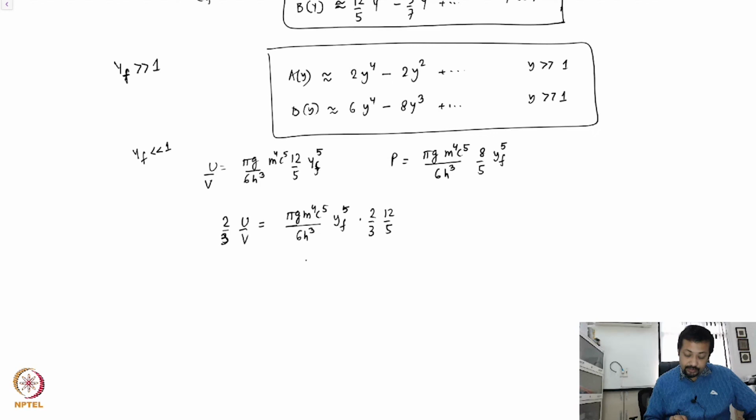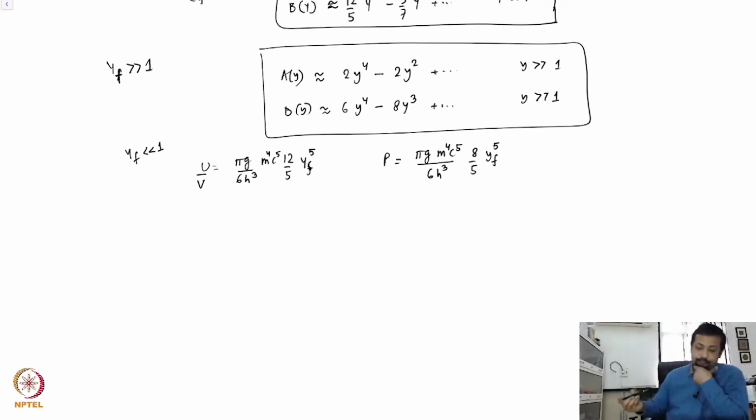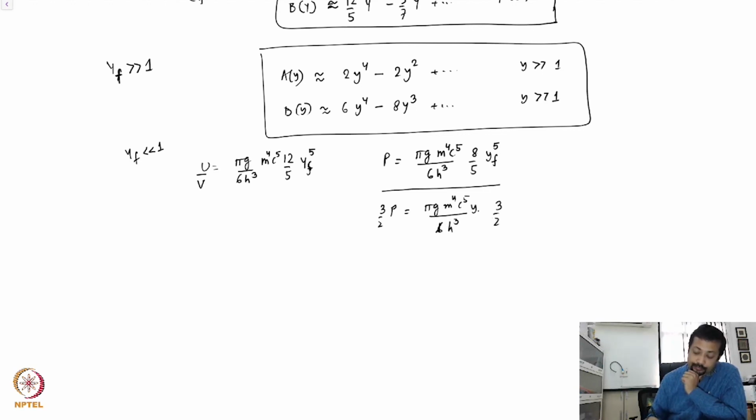Does it help? Now from this expression, if you see, if I multiply this by 3 by 2, this is going to be pi g m^4 c^5 over 6h cube times y_F raised to the power 5, and then I have 3 by 2 times 8 by 5.